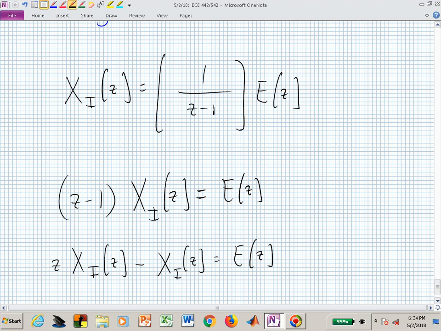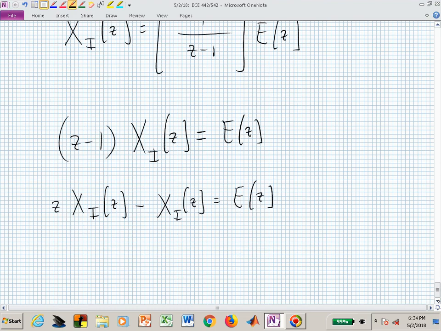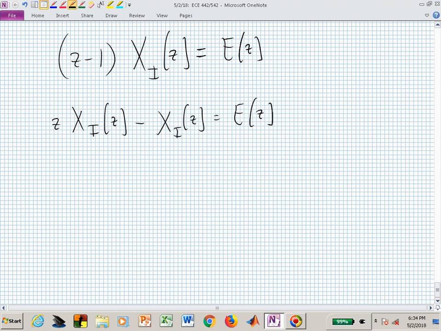Going back more steps than maybe you need to go, but I'm trying to return us back to what we've seen before. Now we should be able to very quickly take that into the time domain.